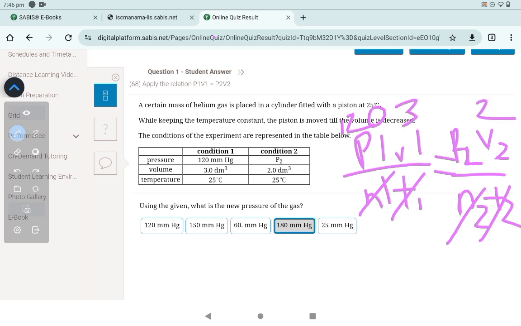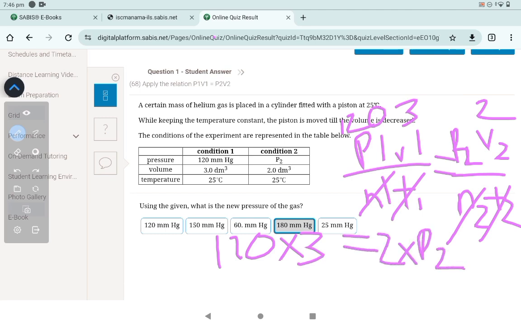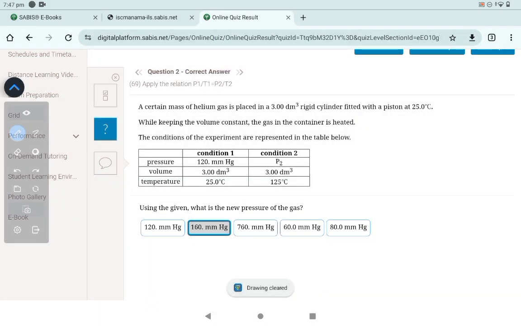So we can say 120 multiplied by 3 is equal to 2 times P2, so 2P2 is equal to 360, divided by 2, you'll get 180. That is the answer for the first one here.